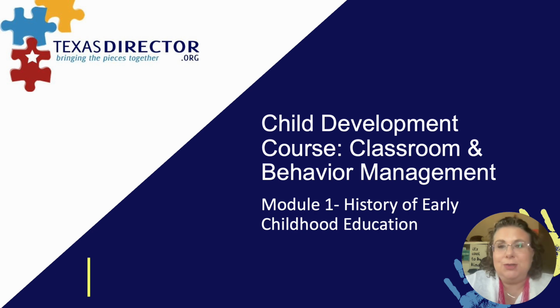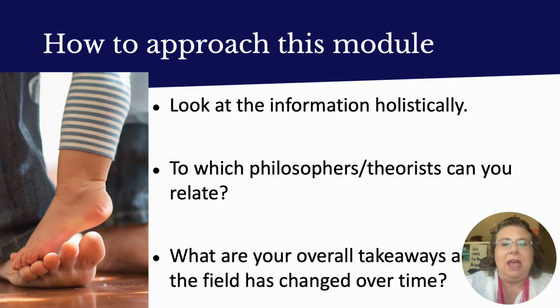We're going to go through history, the basics of child development briefly, and then we're going to talk about behavioral and classroom management. As we go through this class, I want you to look at things holistically. This particular module, we're going to be talking about philosophers and theorists, and who can you relate to, who makes sense to you, and who just seems like they don't match up with your thinking and your understanding.